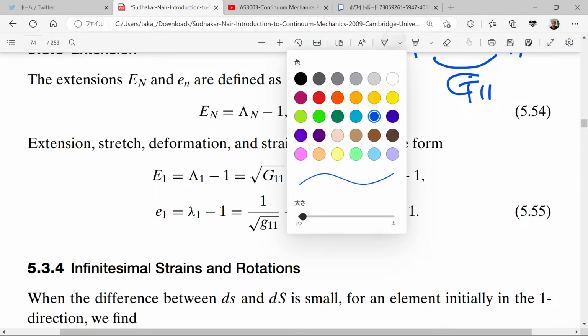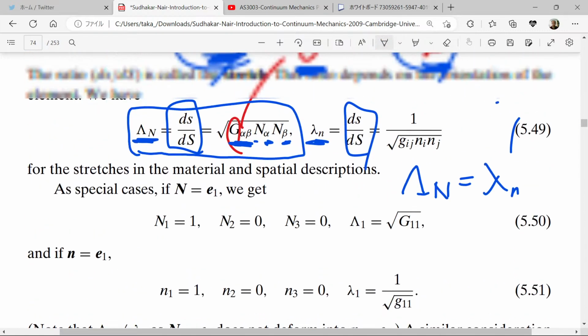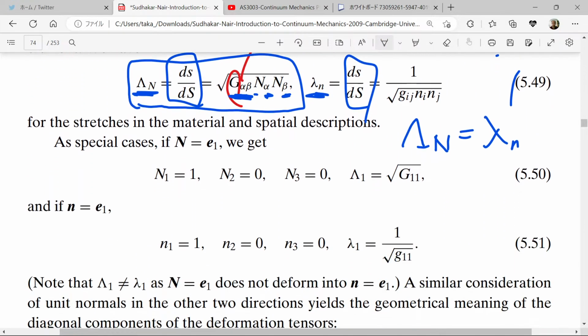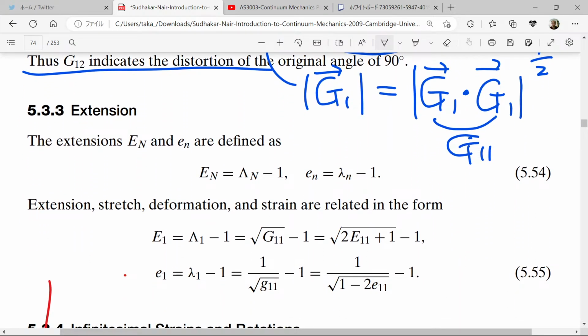Yeah, okay. So stretch is like, what was the definition? There was a definition: large E, large lambda, small s, large s. So this is a stretch.